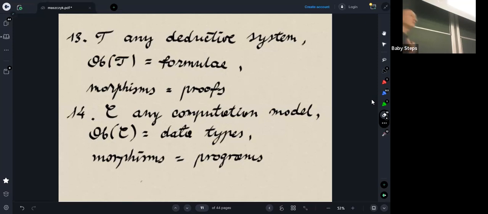So can you somehow name the role of the axioms in terms of category theory in this example? If you have a formula, it is like something, like an initial object, for example.